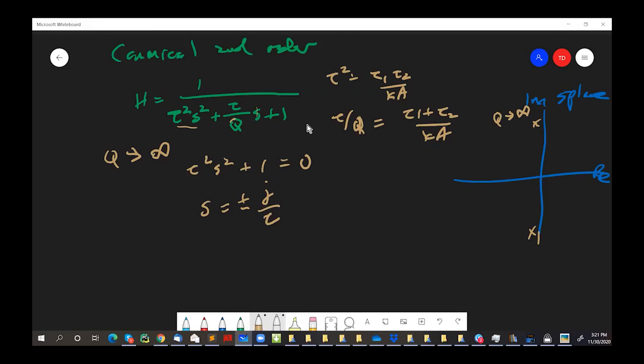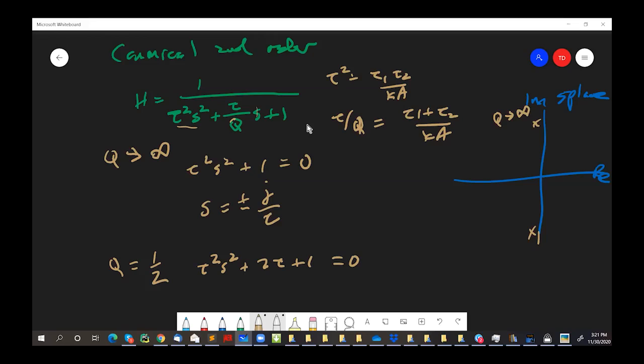Now, the solution for Q approaching 0 is a little bit hard to understand, but I'm just going to take the limits here. What if Q is equal to 1/2? Then on the bottom, we have this expression, tau squared s squared plus 2 tau s plus 1 equals 0. What's the solution to that?